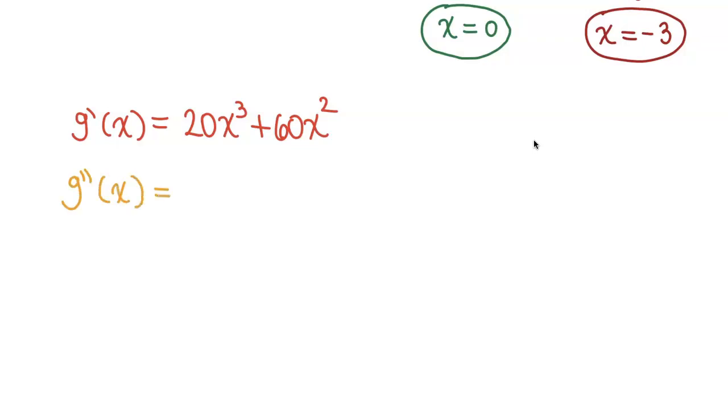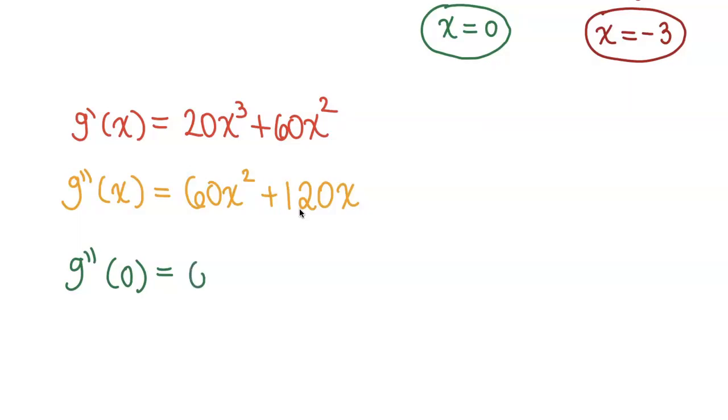That will be 60x squared plus 120x. We're going to plug in x of 0 and x of negative 3 into this second derivative to get their signs, okay? So what is g double prime of 0?